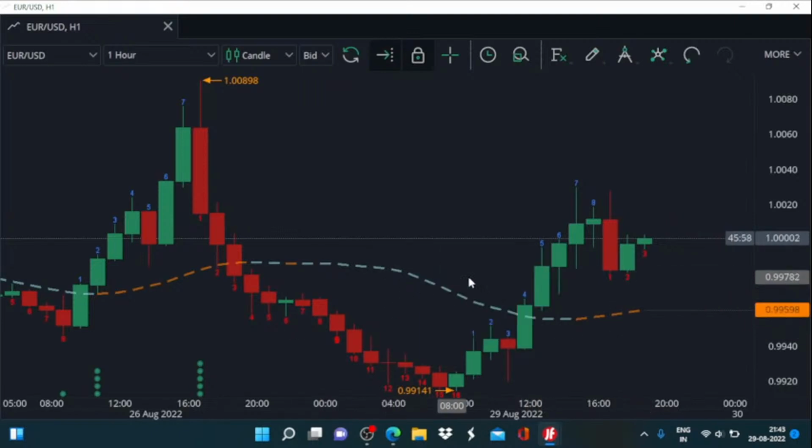So if the price structure holds above this HT trend line, then we can expect this bullish momentum to provide us some opportunity to go for the buy trades.